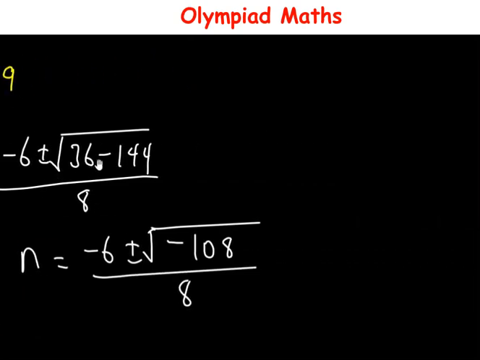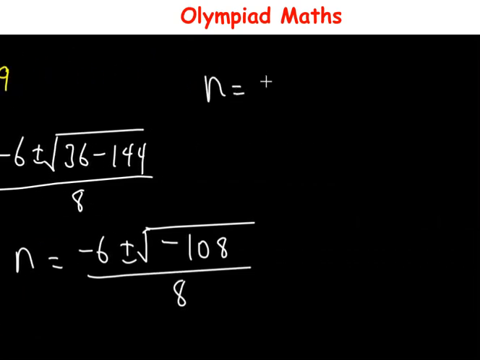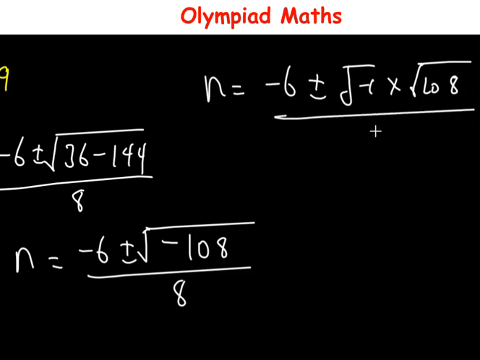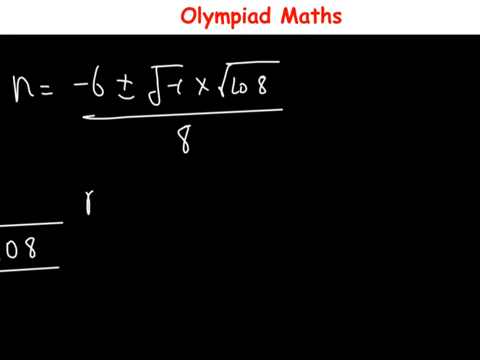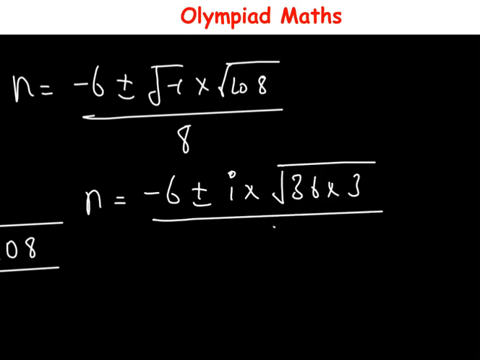So from here, the value of n is equal to minus 6 plus or minus, we can express root minus 108 as root minus 1 times root 108, all over 8. With this, the solution for n is equal to minus 6 plus or minus root minus 1, which is i, times, we can express root 108 as root 36 times 3, all over 8.